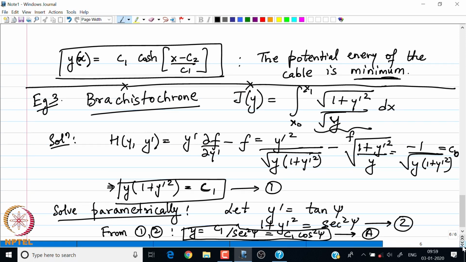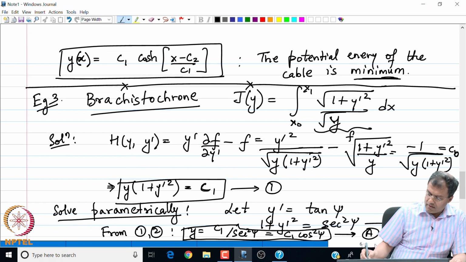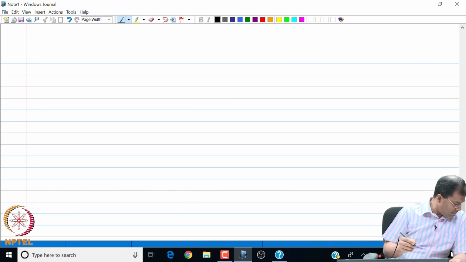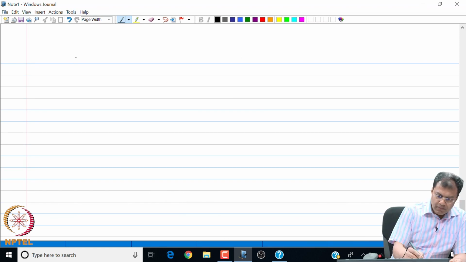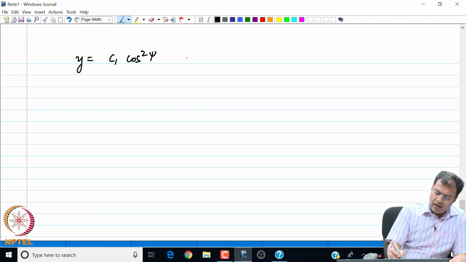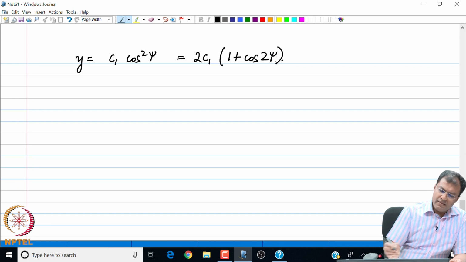So to do that, let me rewrite. y is C1 cos squared psi, that is what we have found, and let me further simplify this using the double angle formula, so this is also equal to C1 over 2 times (1 plus cos 2 psi). Okay.